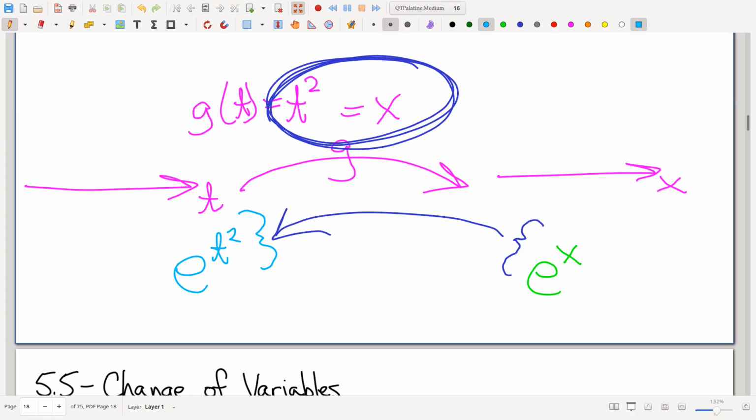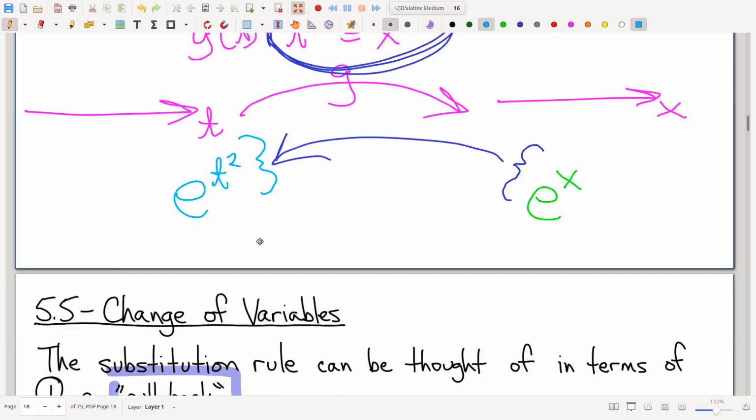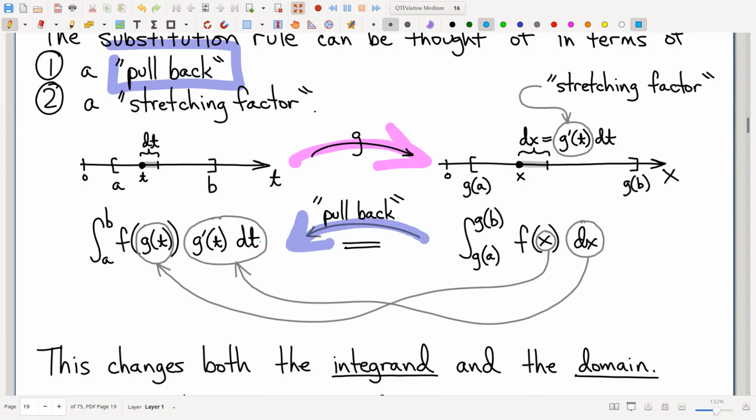Okay, points push forward, expressions pull back. I claim that's what's happening here, right? We're going to think of having a g function as oriented here as taking an x integral, which we would then think of as being pulled back to produce a t integral. Okay. All right.